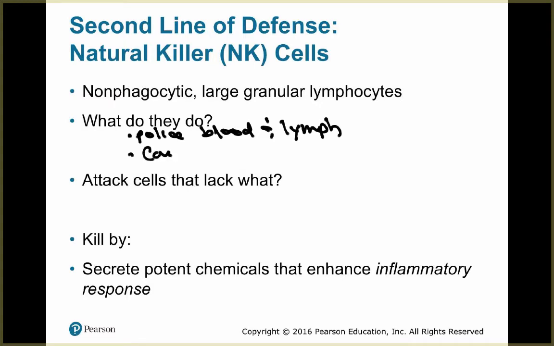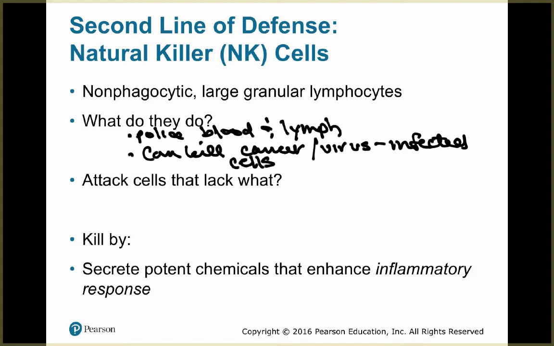These guys can also help kill cancer and virus-infected cells. And this is before adaptive immunity, right, is activated. And adaptive immunity is the memory system or the antibody system that takes longer.